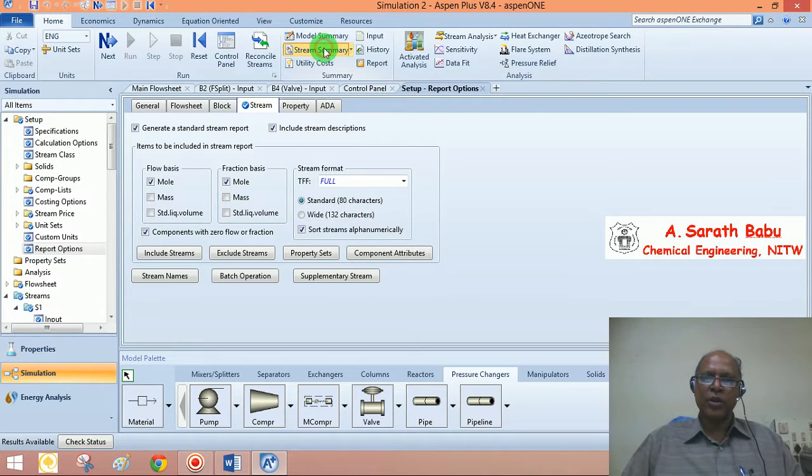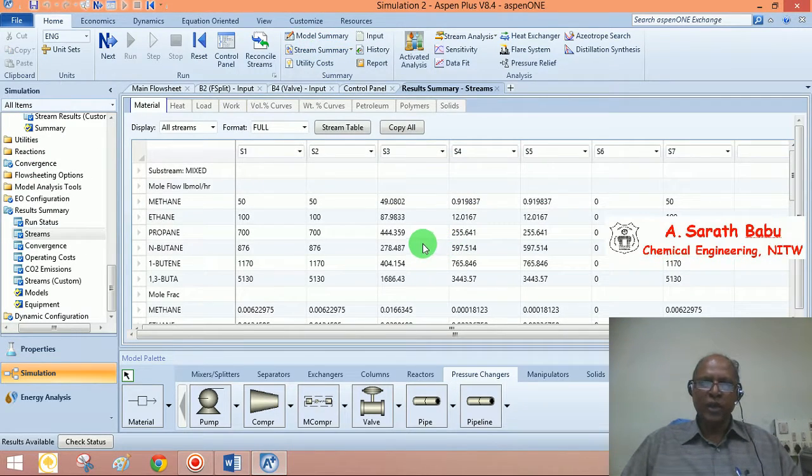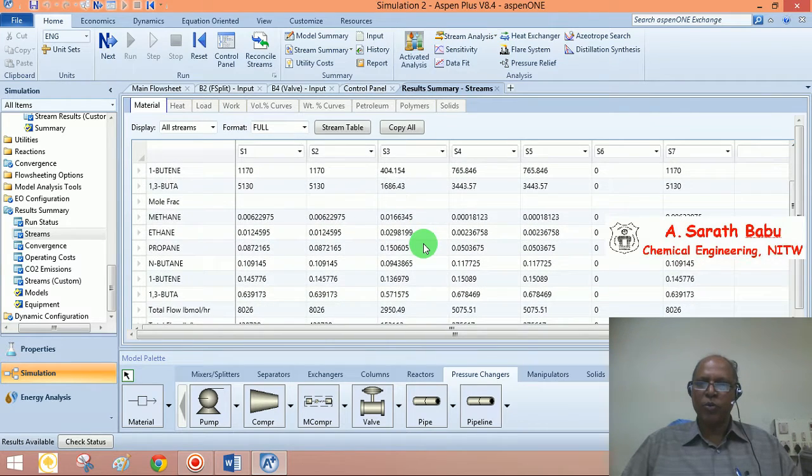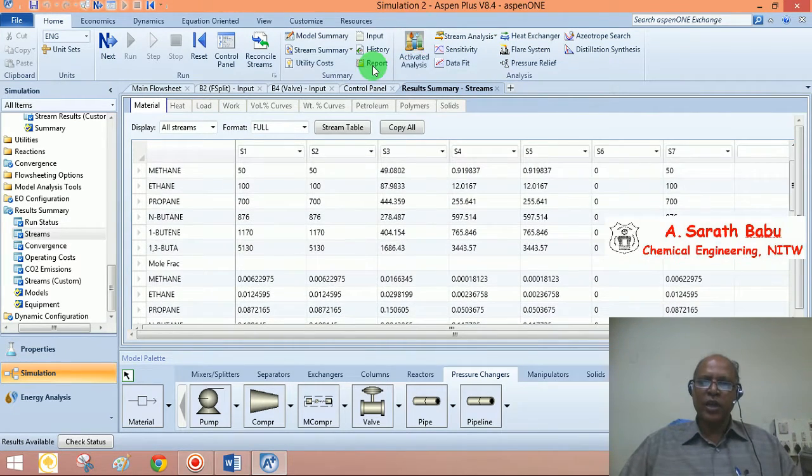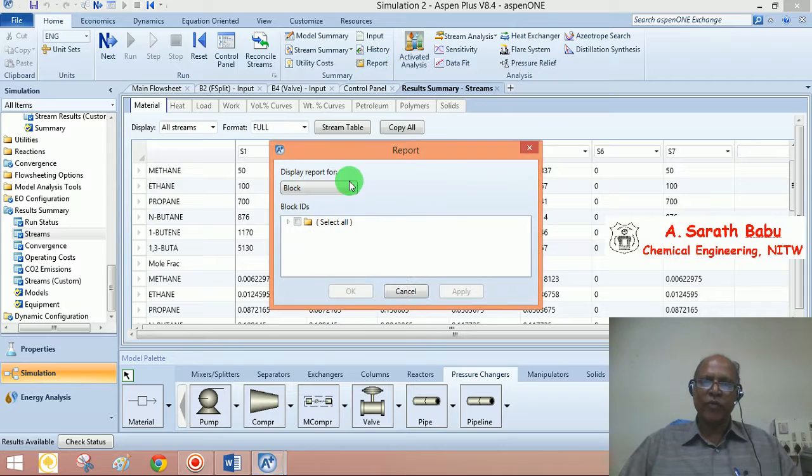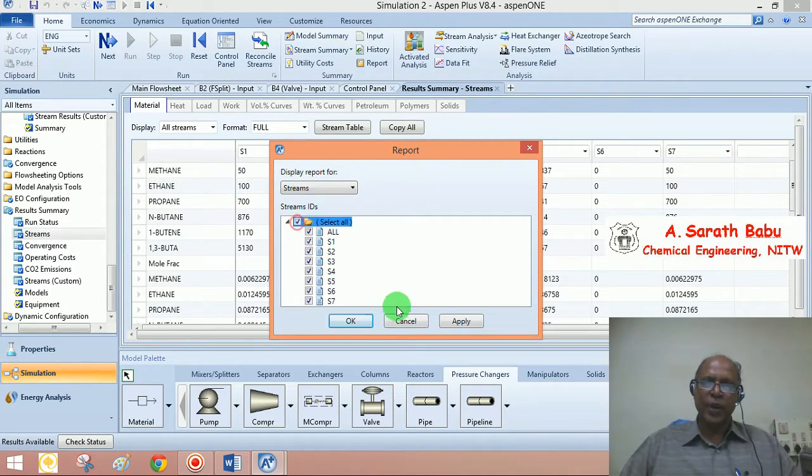Once again, look at the stream summary. Now you can see the mole fractions of each and every component. For convenience, I'd like to put it aside in the form of a report, especially with respect to streams, so that we will be able to compare it with another case.